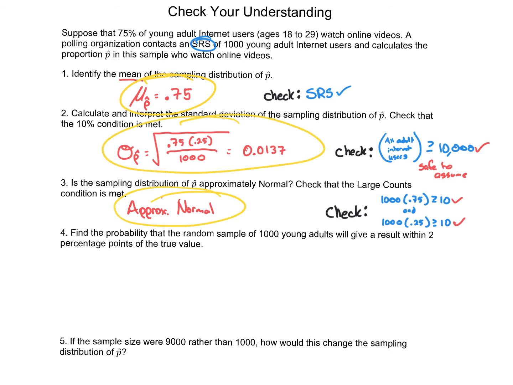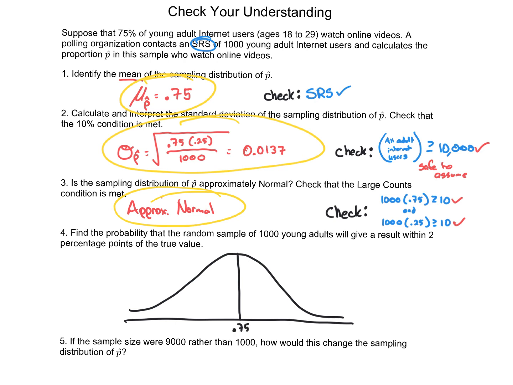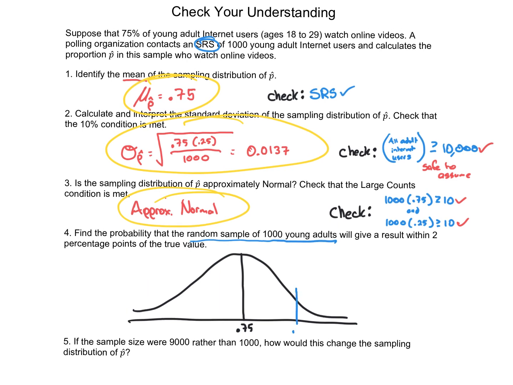That is 7.2 work. Everything beyond that is going to be Chapter 2 work. So I know it's an approximately normal curve, and I know it's centered around 0.75. Now we start to ask the question: find the probability that a random sample of 1,000 young adults, that's what we've been working on, we're creating a sampling distribution for samples of size 1,000, will be within 2 percentage points of the true value. That means it's going to go as high as 0.77 and as low as 0.73.